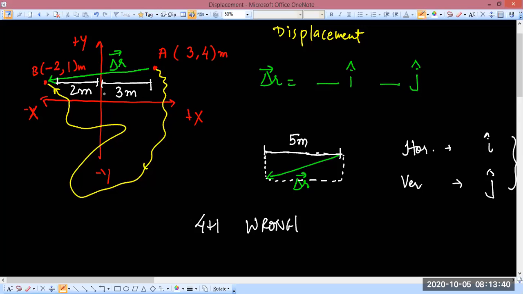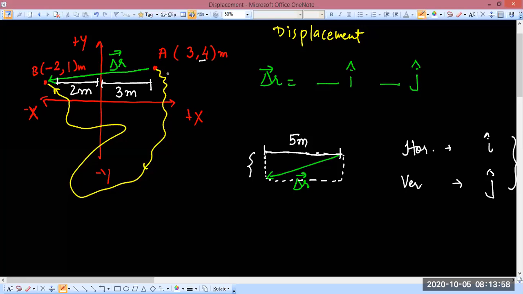Okay, now what about vertical? What do you think is this side of the rectangle? It's coming from 4 to 1.